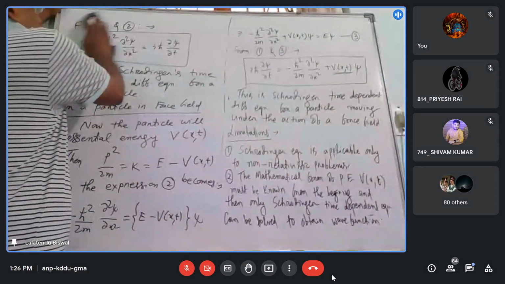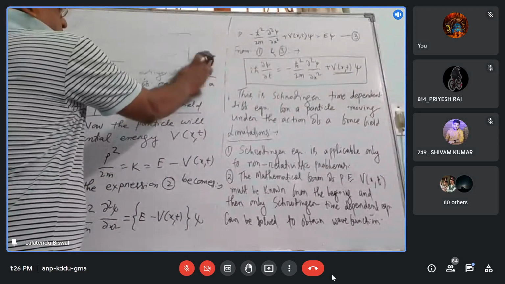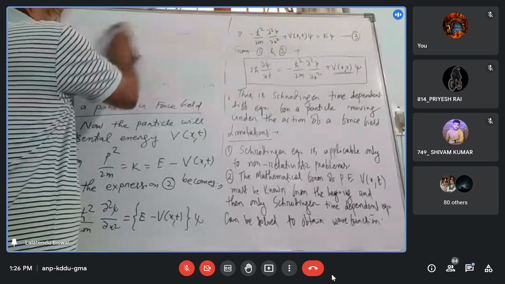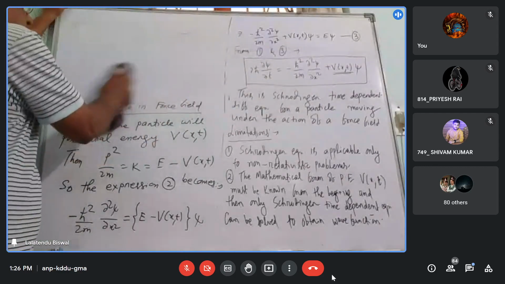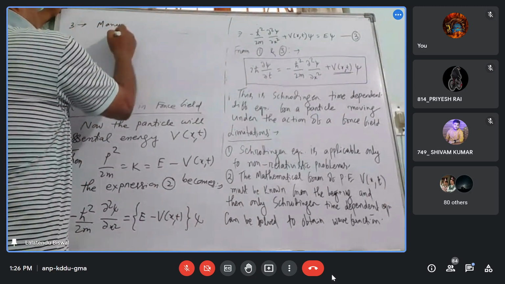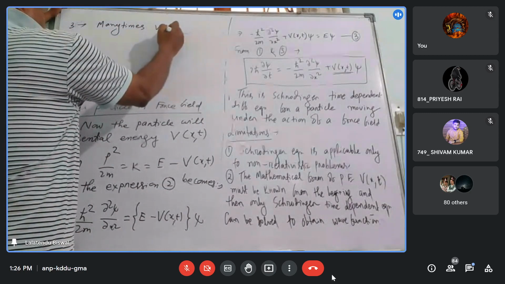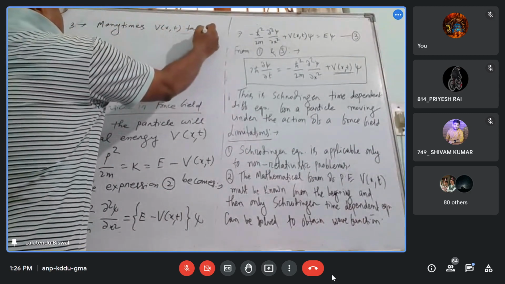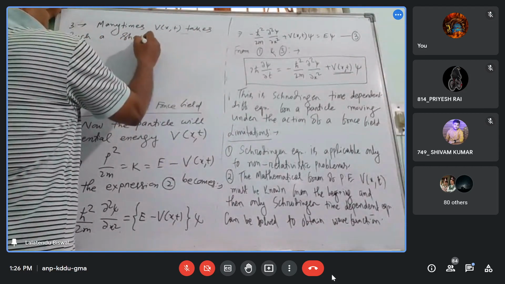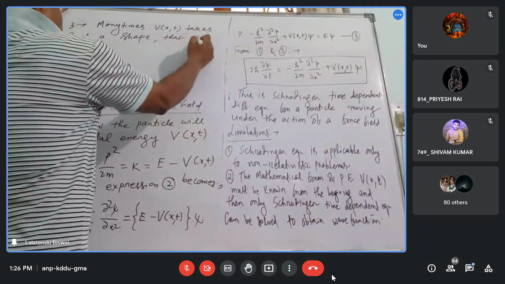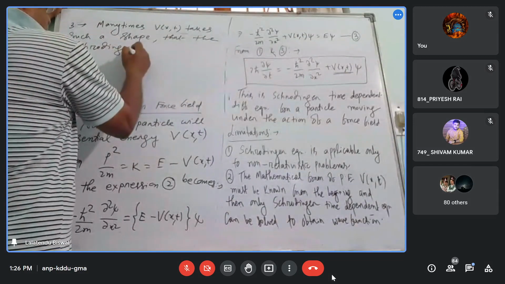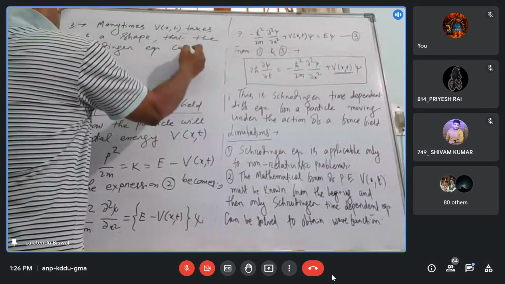Many times, even if you know the potential energy function, the differential equation remains in a shape which may not be integrable, so that a solution can be obtained. Our limitation is that many times V(x,t) has such a shape that the Schrodinger equation cannot be integrated.